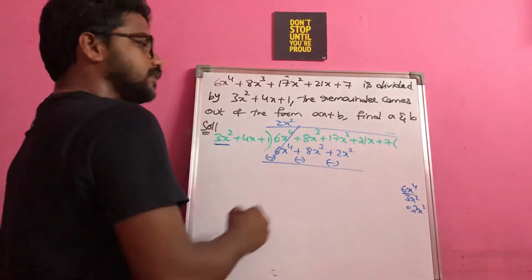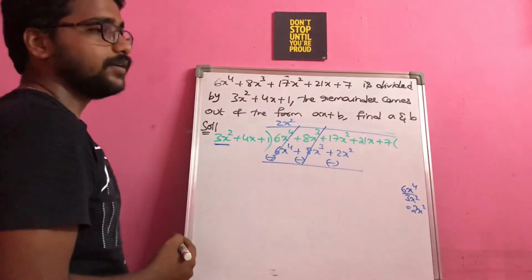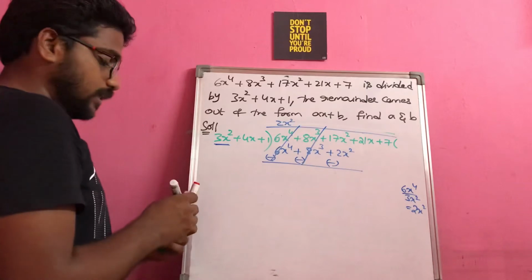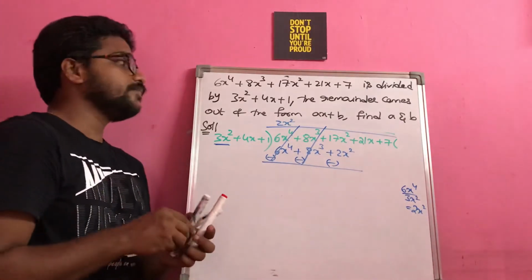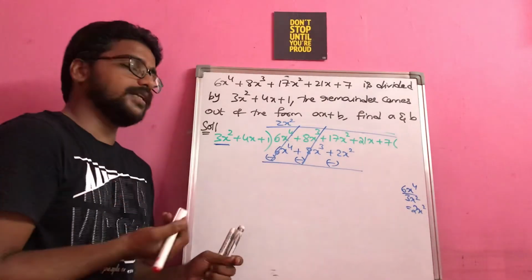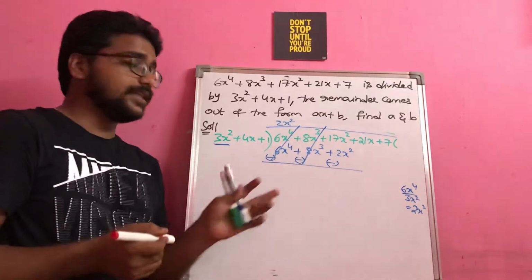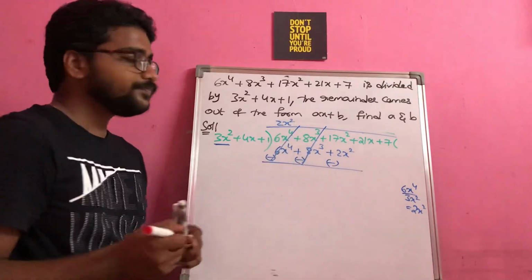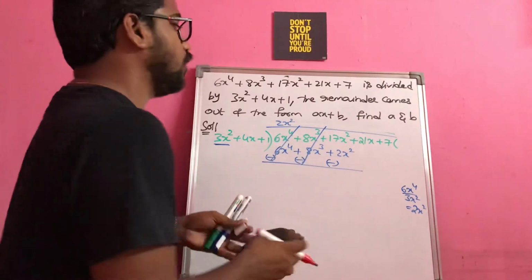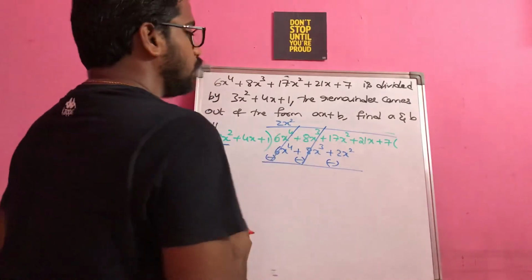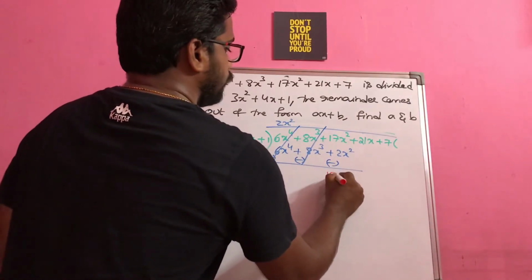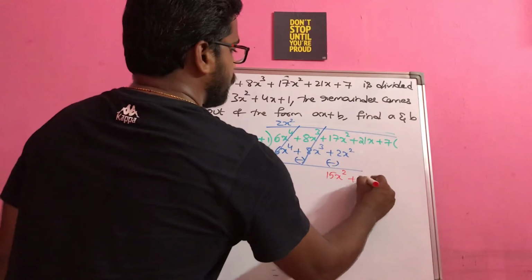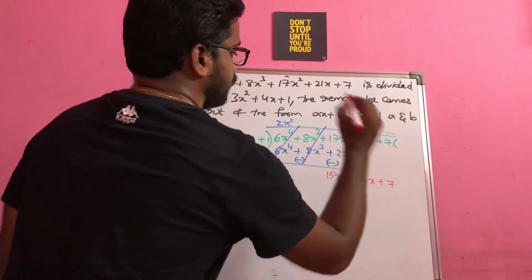These two will get cancelled, these two also will get cancelled. Whenever you are doing the division, the signs will change, that is why the terms are getting cancelled here. So you will be getting 17 minus 2, that is 15x square plus 21x plus 7.